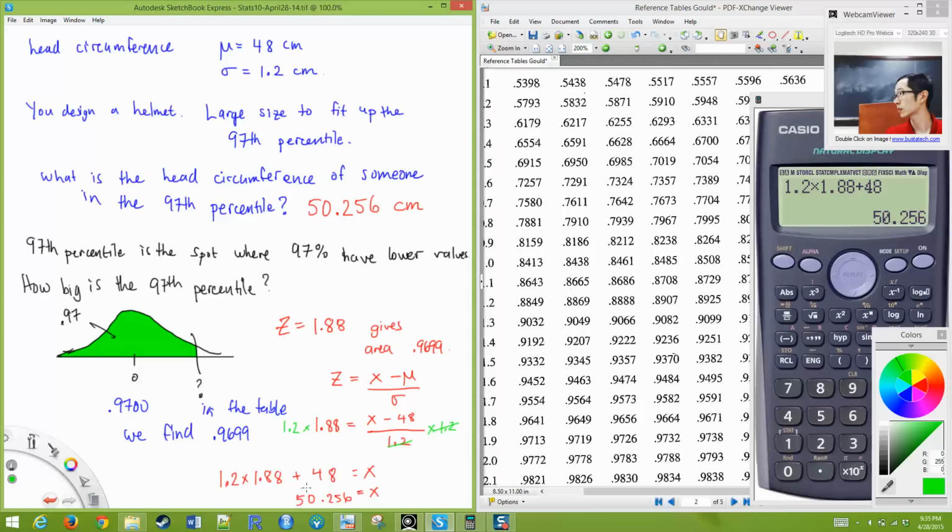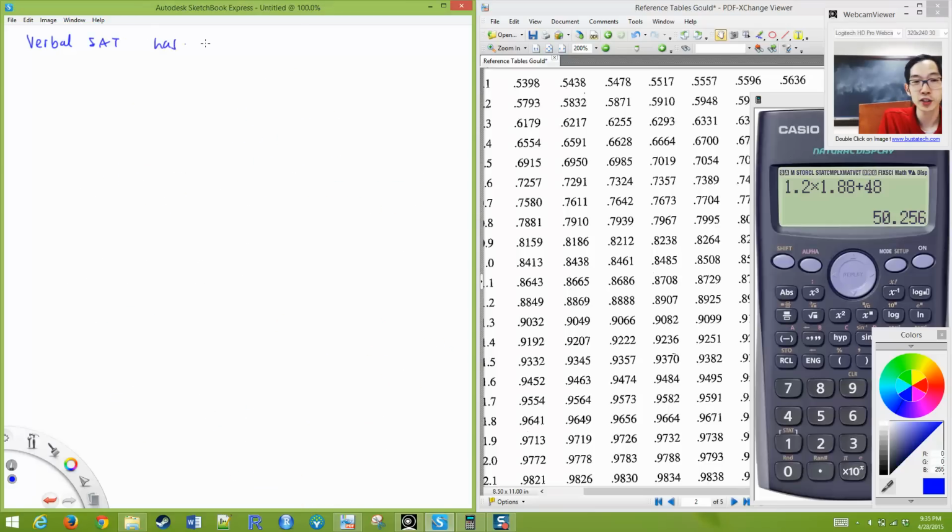What is the minimum score of this school? So basically I'm asking, what is the 40th percentile? So I'll give you a couple minutes to solve for that.